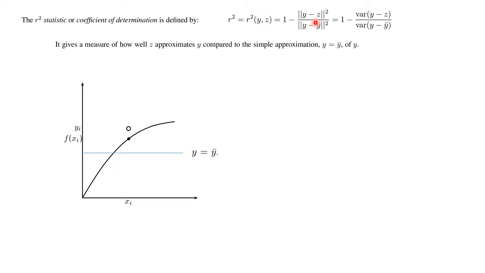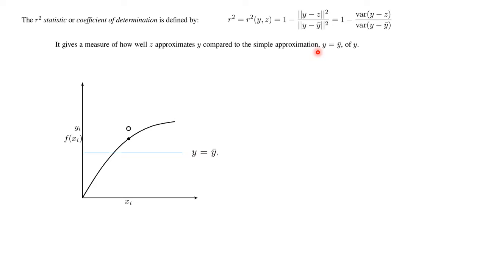So we're going to take 1 minus the sum of the squares of the errors between the y values and our fitting function, the z function here. And then we'll divide by the sum of the squares of the errors between the y values and just the average.